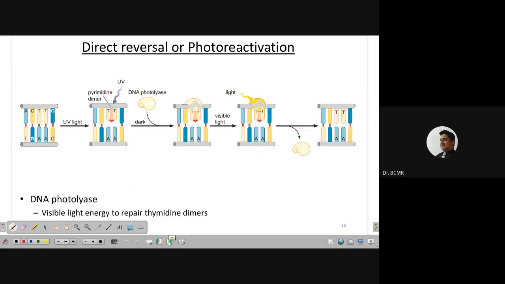So the first thing we will look at is direct reversal, which is also called photoreactivation. Here is a DNA molecule, and because of UV light, you have the formation of a thymidine dimer. The ring is called a cyclobutane ring.